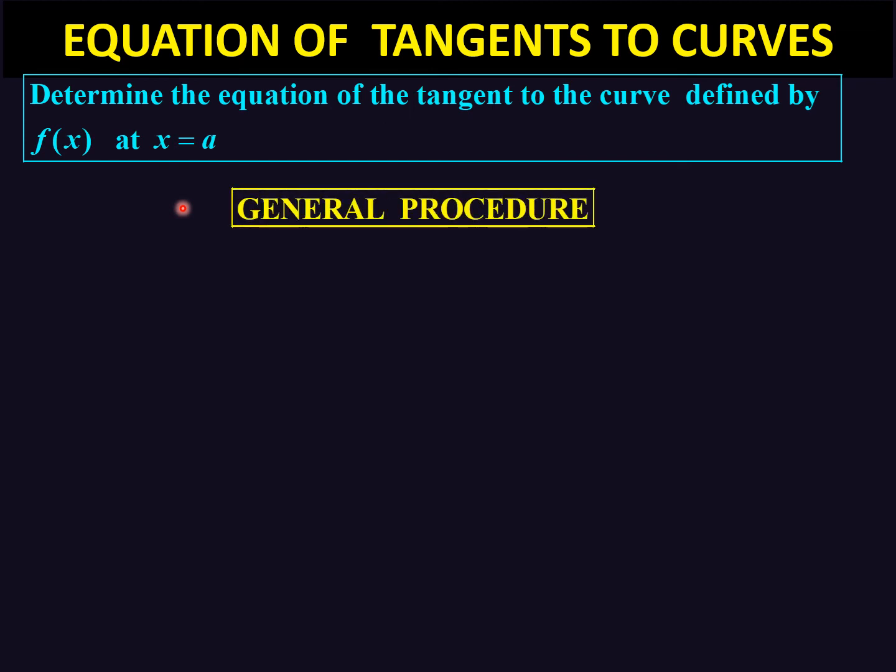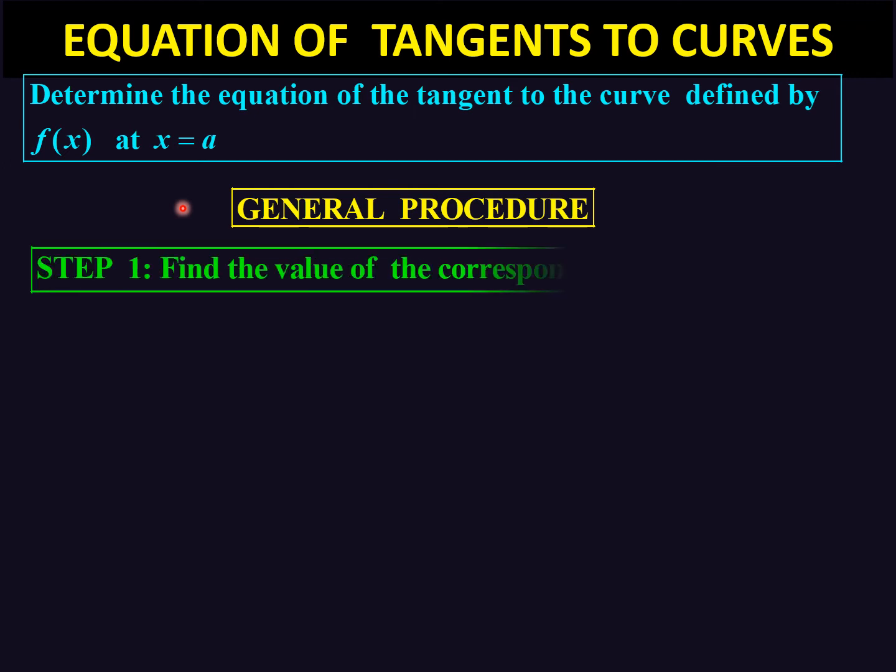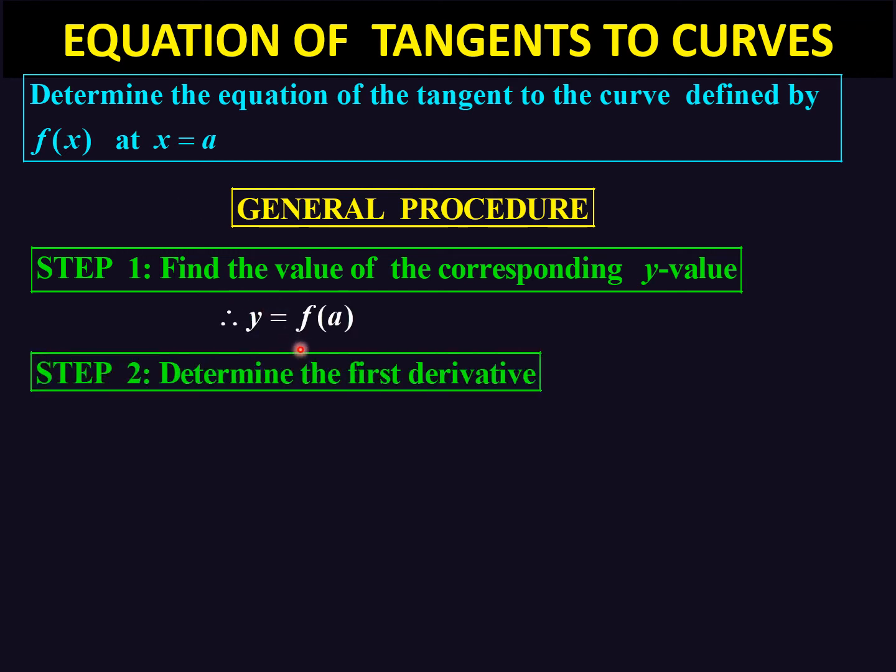So let's look at the general procedure. They give us x, so we can determine the corresponding y value. How do we do that? That's correct. Substitute x equal to a in your expression, then you calculate f(a). The next thing, we find the first derivative. So you have to take your equation and you differentiate.